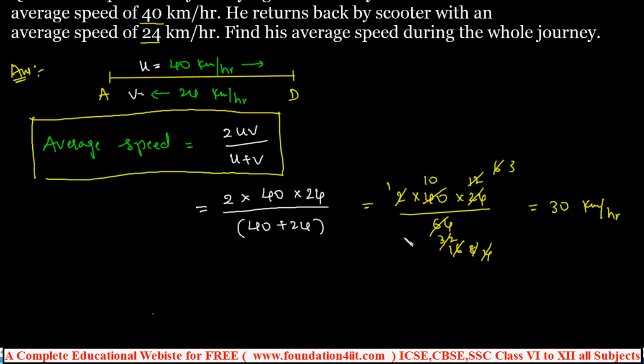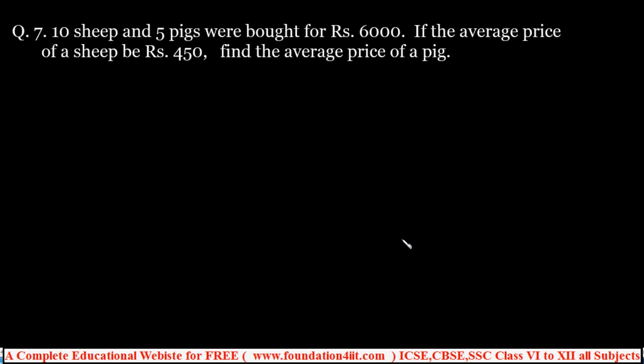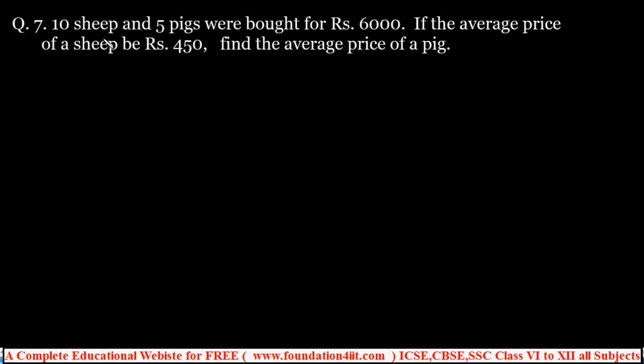Now let us see one more question. Question number 7: 10 sheep and 5 pigs were bought for 6,000. If the average price of the sheep is 450, find the average price of the pig.